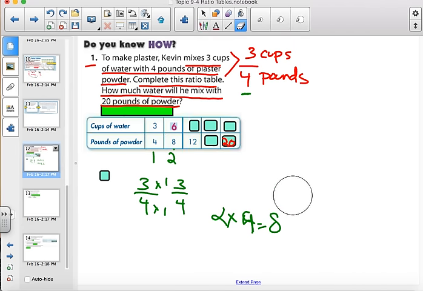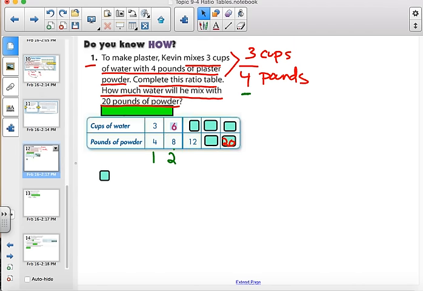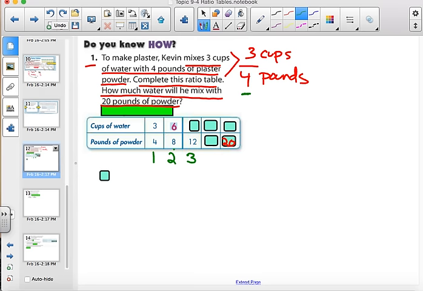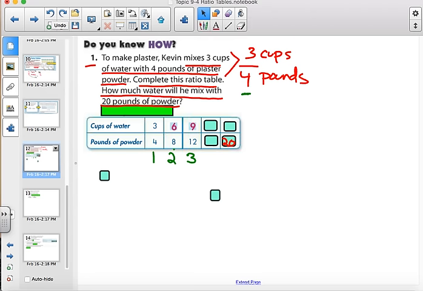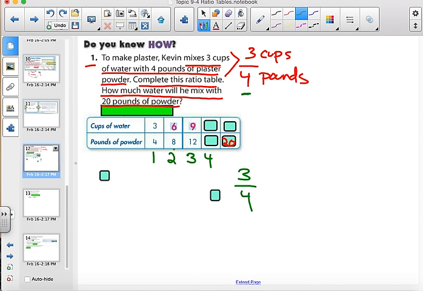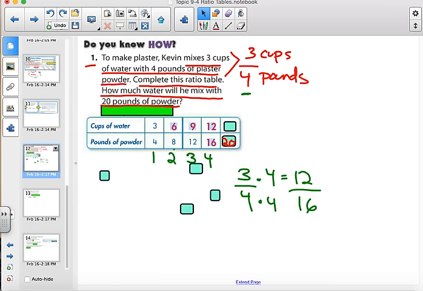And then we continue to fill in our table, and we multiply by 3, and we see that 3 times 3 is 9. Then we are in our fourth column, and we would now take our initial ratio of 3 to 4 and multiply by 4, and we would get 12 to 16, and that would be in our table as well.